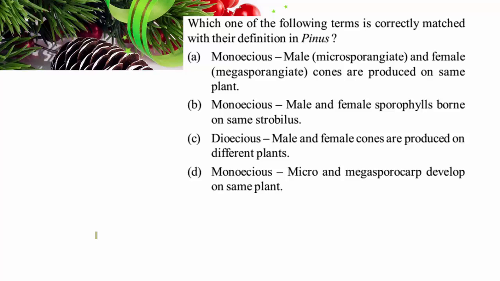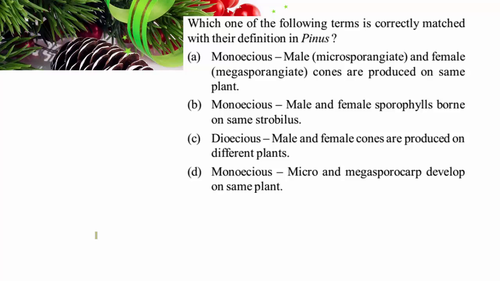Monoecious, male microsporangiate and female megasporangiate cones are produced on the same plant. Monoecious, male and female sporophylls borne on the same strobilus. Dioecious, male and female cones are produced on different plants. Monoecious, micro and megasporocarp develop on the same plant.